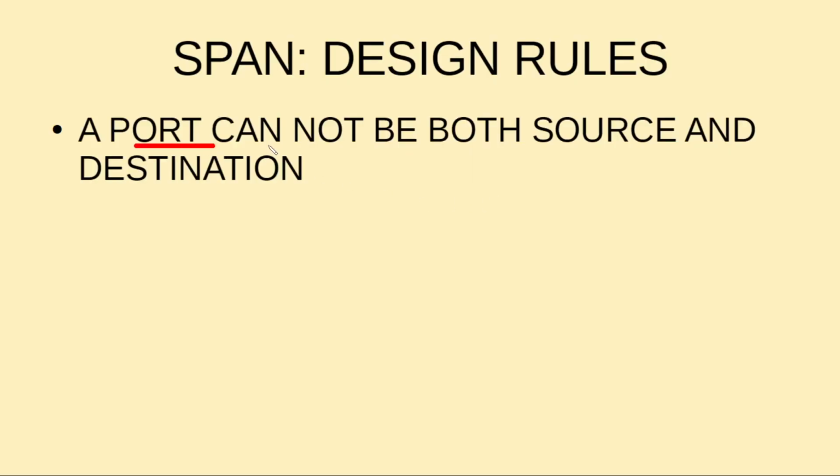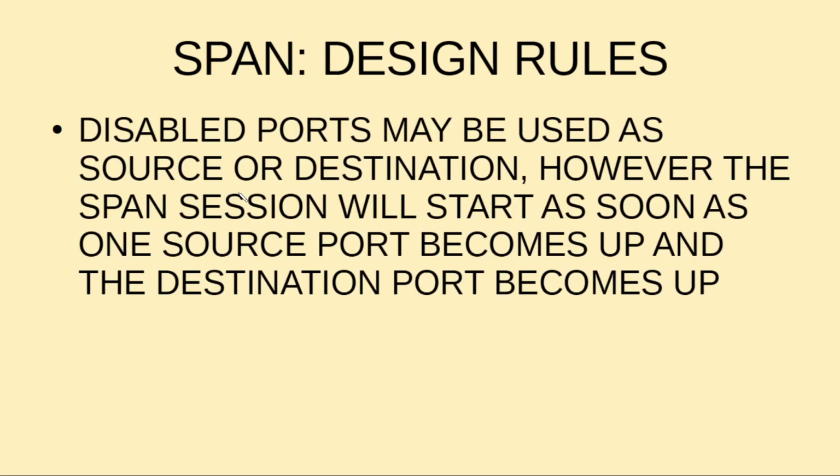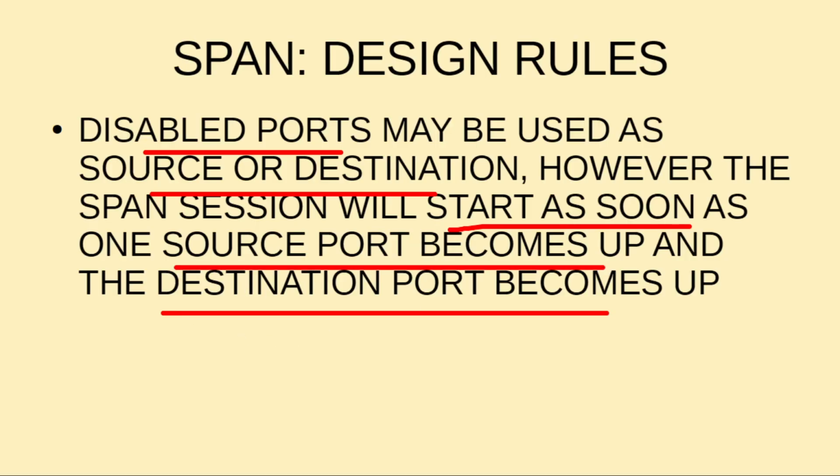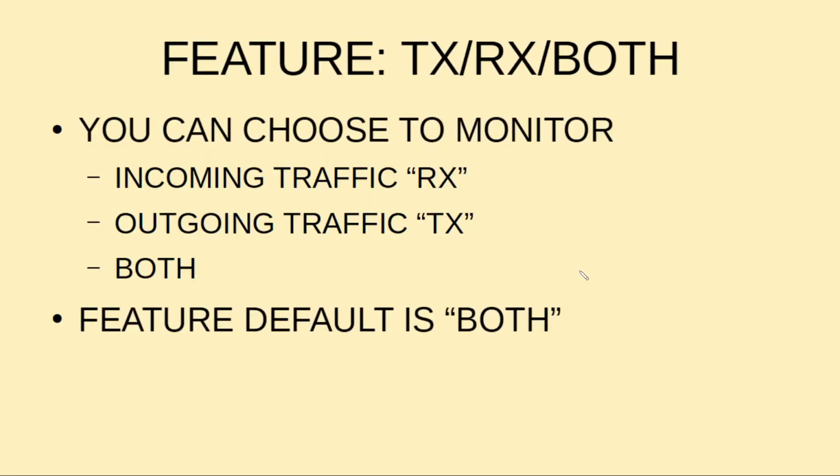A port cannot be both a source and destination, and you can choose disabled ports for this feature, so for either source or destination. So this feature is going to start as soon as one source port becomes up and the destination port becomes up. Now let's talk about the features.